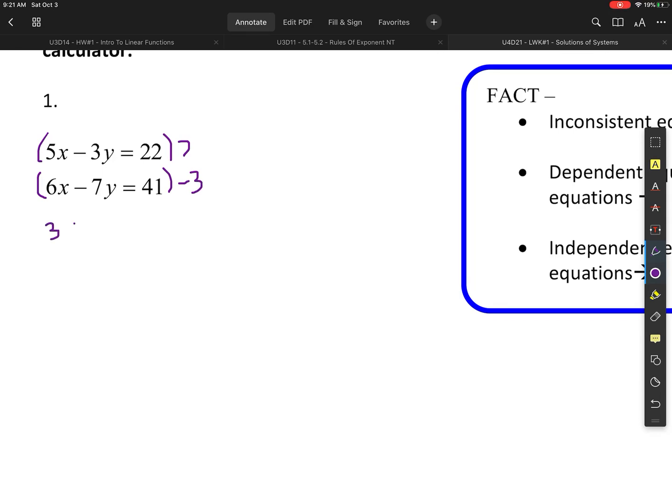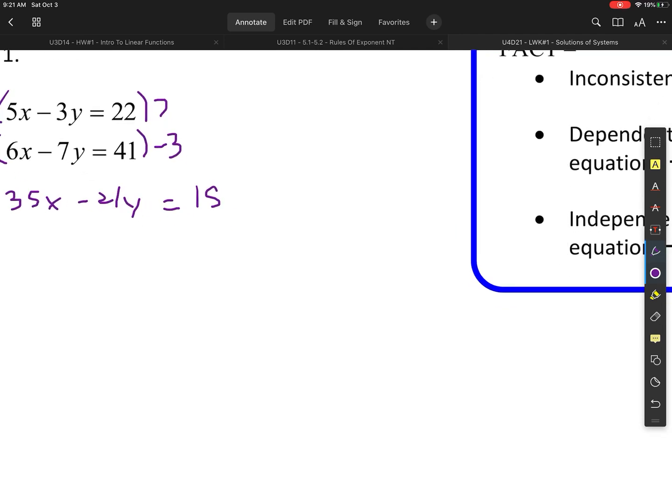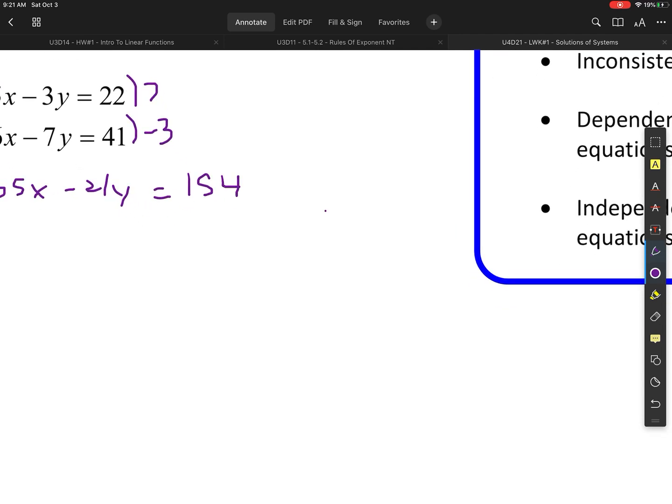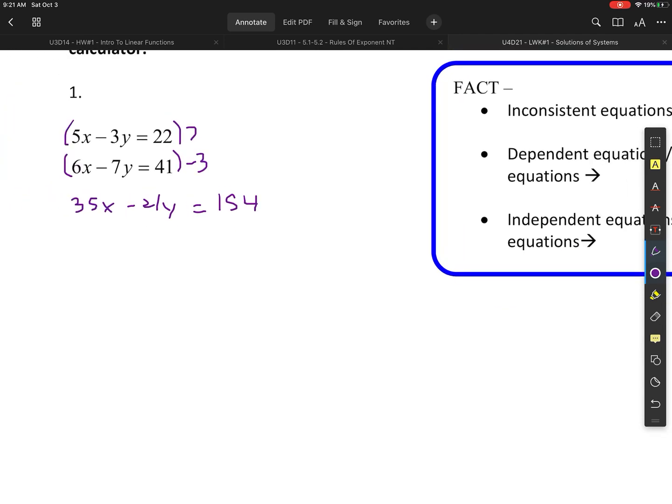That gives me 35x minus 21y equals 154, over -18x plus 21y equals -123.